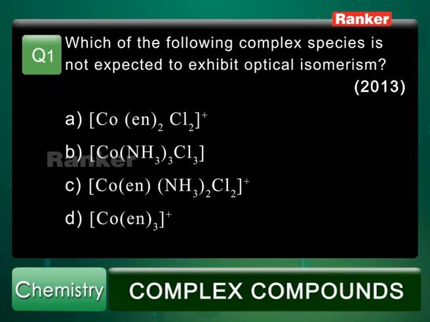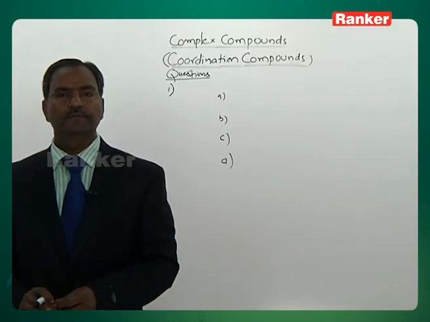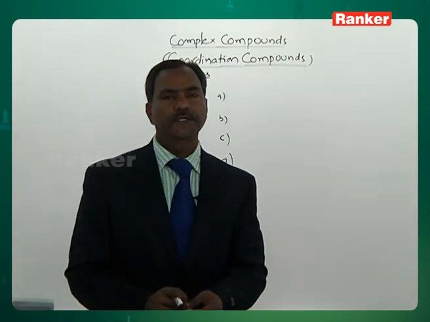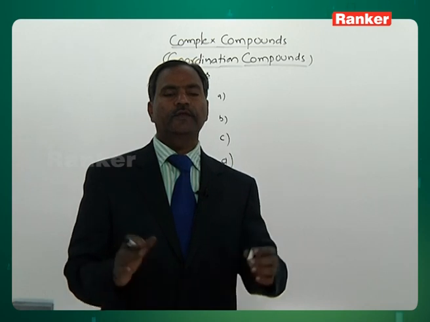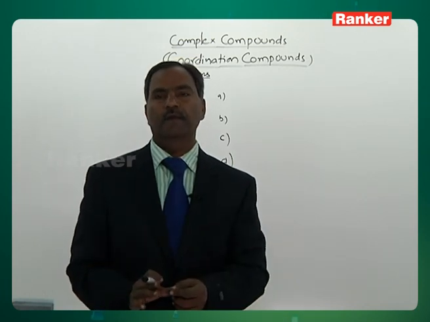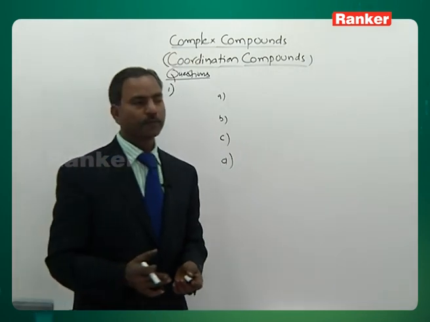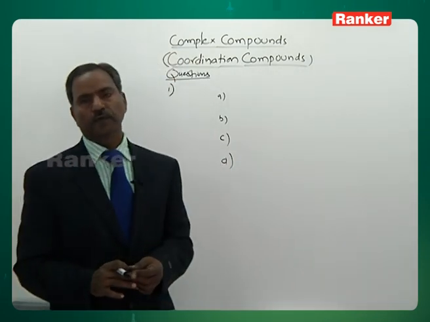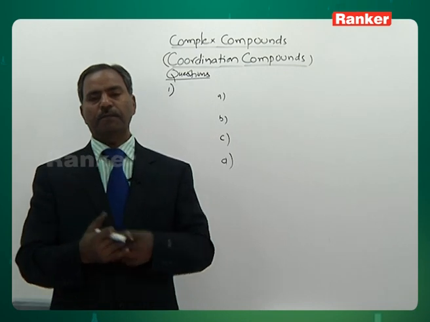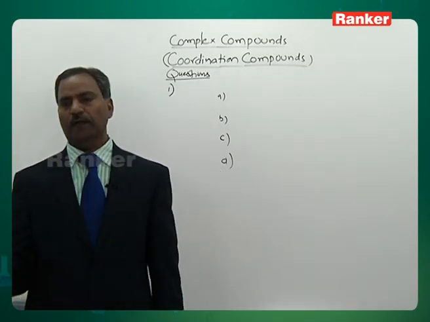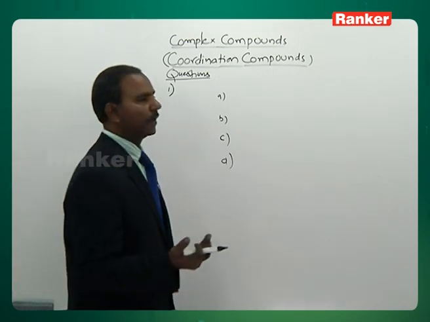These are the options given, and among these we have to choose the one that shows optical isomerism. We have to check which is a symmetric complex or unsymmetric complex. Unsymmetric complexes are optically active, while symmetric ones are generally found to be optically inactive.